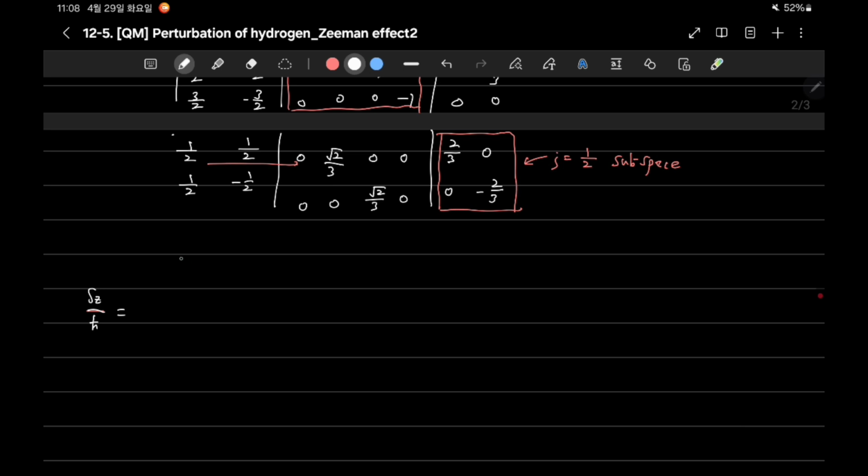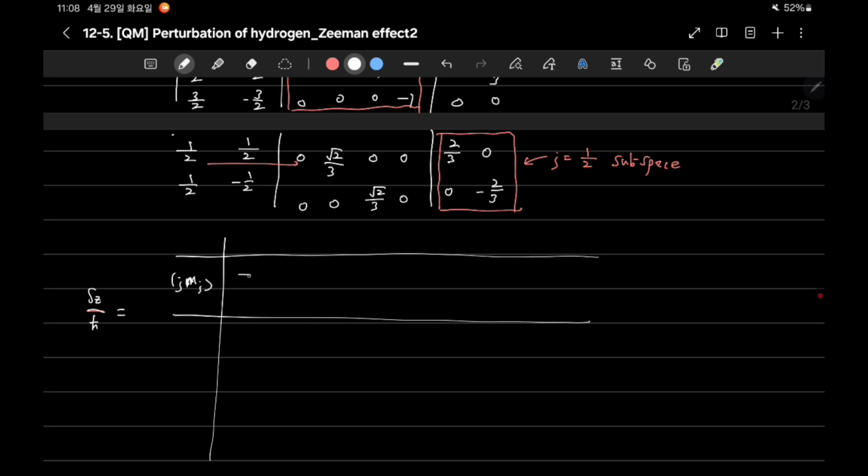So in this case also it makes that J and MJ state, also the 3/2 case: 3/2, 1/2, minus 1/2, minus 3/2. And also it is the j equal to 1/2 case, with the two possibilities 1/2 and minus 1/2.